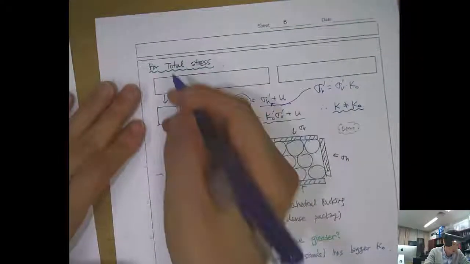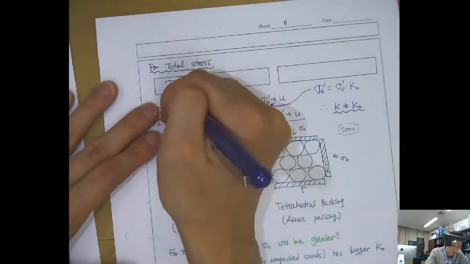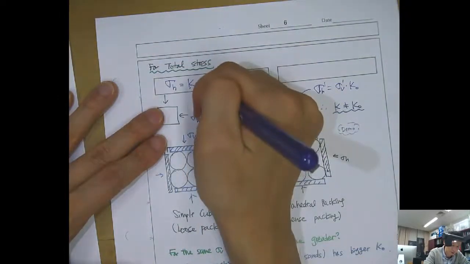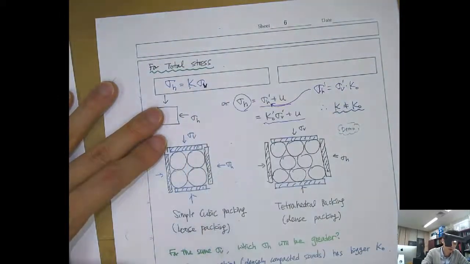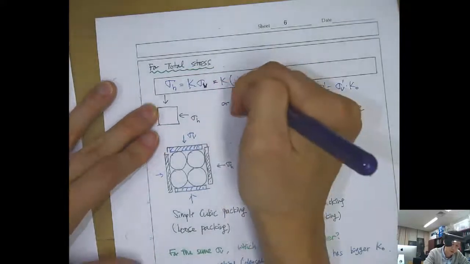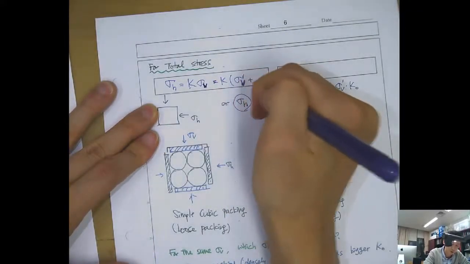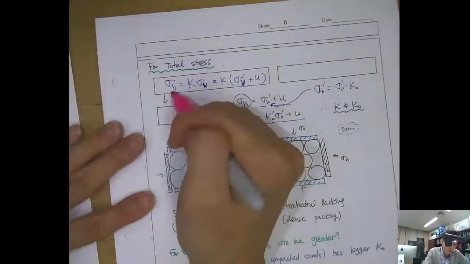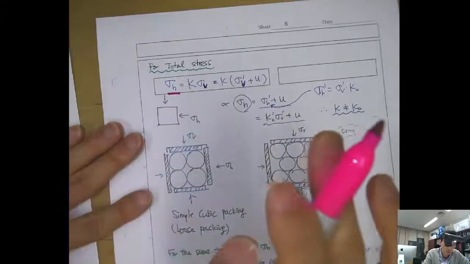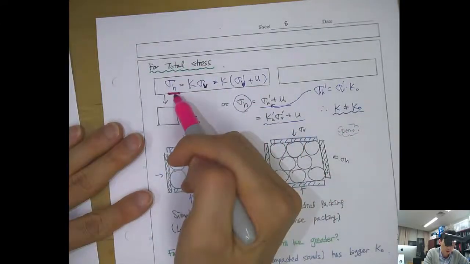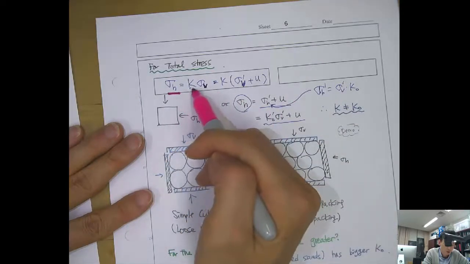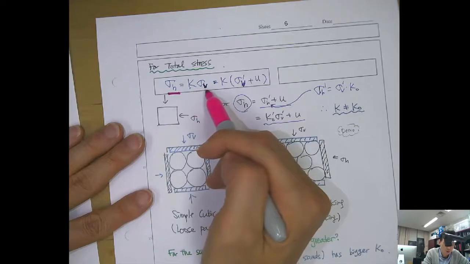And there's another equation that people use. Oh, sorry, the v here. So that is K times sigma v prime plus u. Here sigma h is not sigma h prime; it's the total horizontal stress, which is K times sigma v, the vertical total stress.